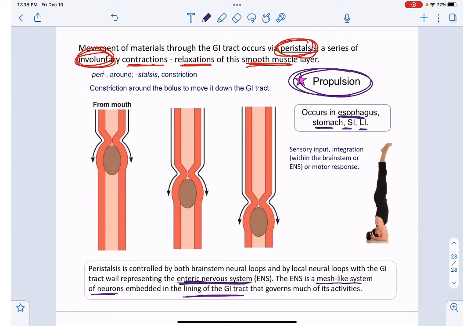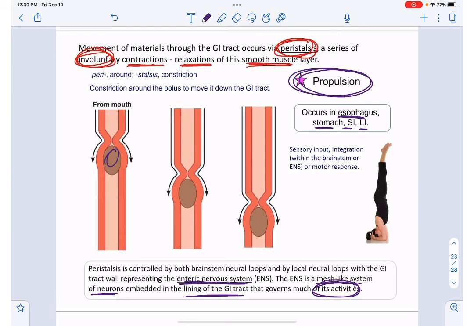And it can work on its own, which means that it doesn't need to send input to the central nervous system for it to cause things to happen. So it can govern a lot of the activities of the digestive tract on its own without any input of the central nervous system. Peristalsis is a good example of how this works. I'll give you a brief rundown of how that works here, and then I'll show a little more specific on the next slide.